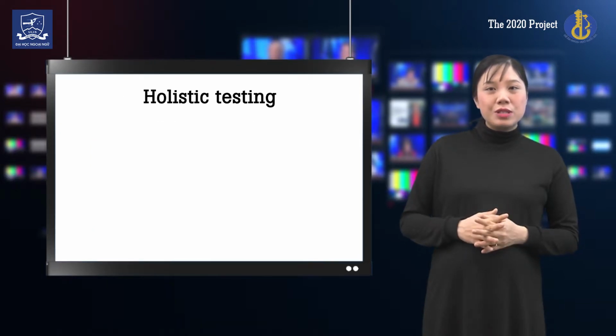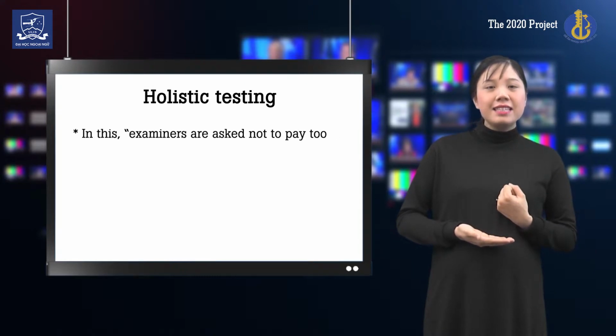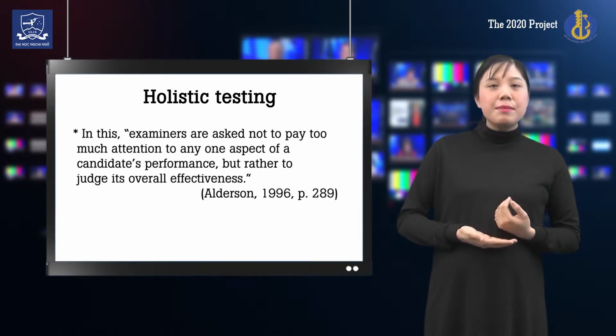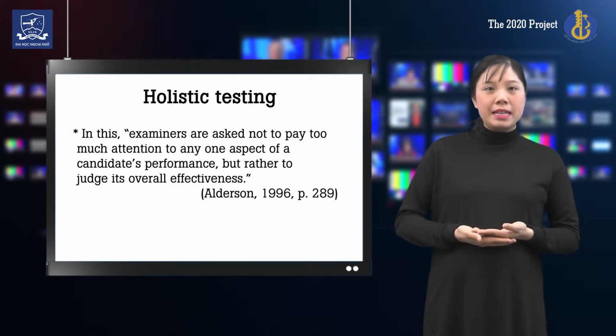A higher level of achievement is testing intelligibility and acceptability of the learner's performance. In this holistic approach to pronunciation testing, examiners are asked not to pay too much attention to any one aspect of a candidate's performance, but rather to judge its overall effectiveness.